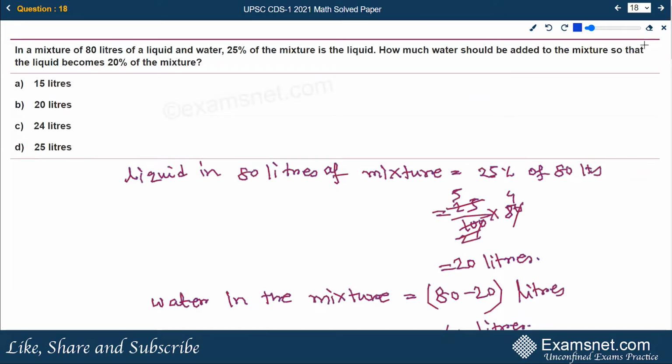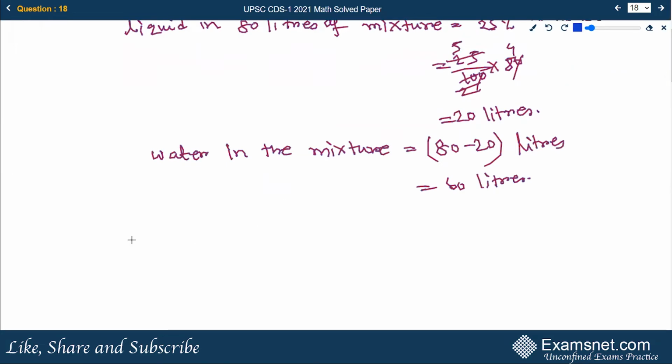So the liquid portion will decrease. It becomes 20% of the mixture only. So let X liters of water be added in the mixture.